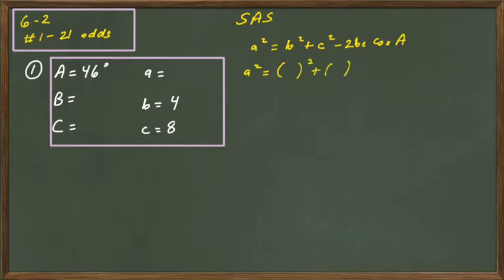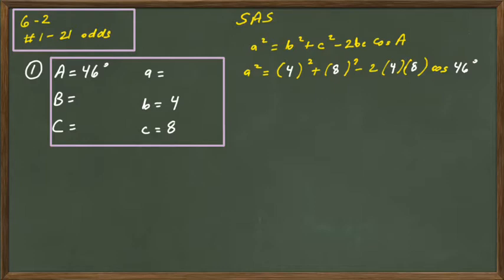What I'm going to do is fill in all the values and then we'll compute it. So side B, 4. Side C, 8. Angle A, 46 degrees.